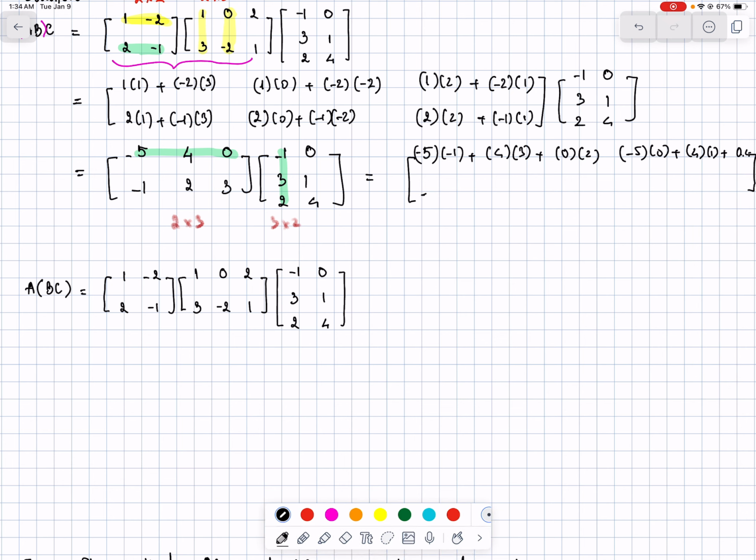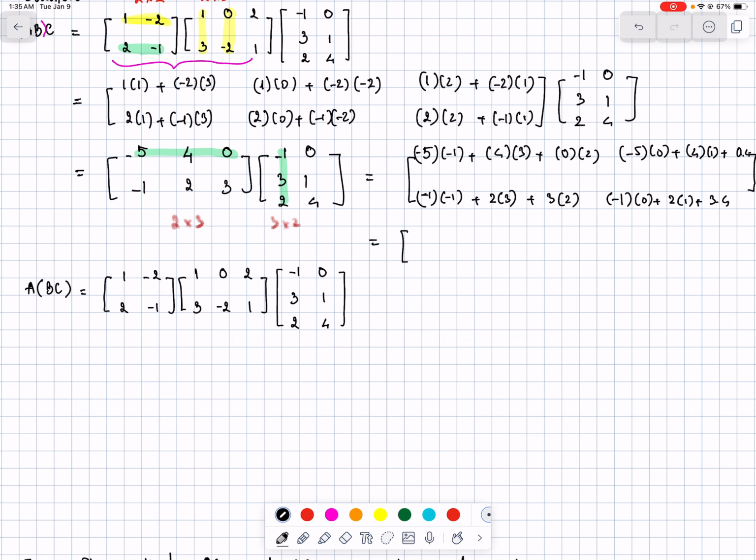In the bottom, we have negative 1 times negative 1 plus 2 times 3 plus 3 times 2. Negative 1 times 0 plus 2 times 1 plus 3 times 4.